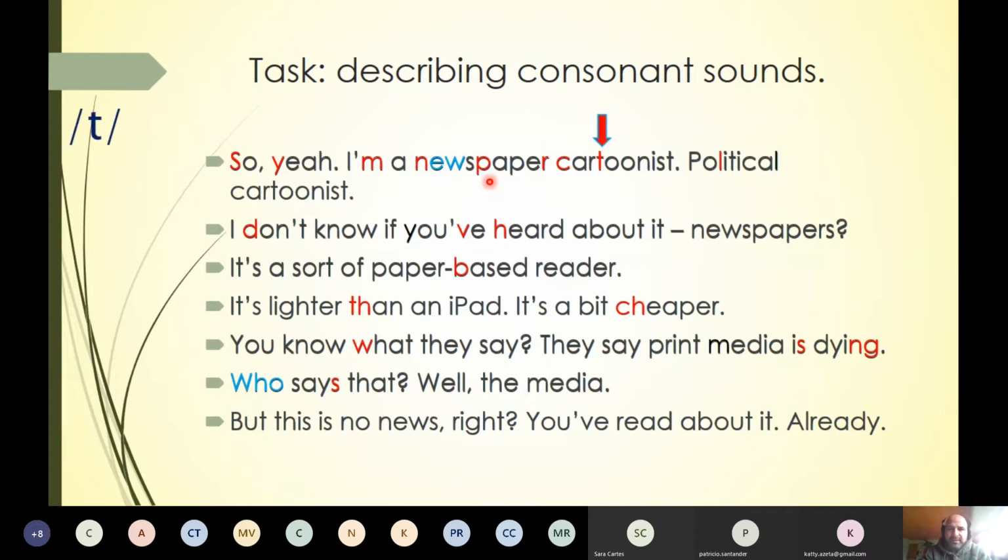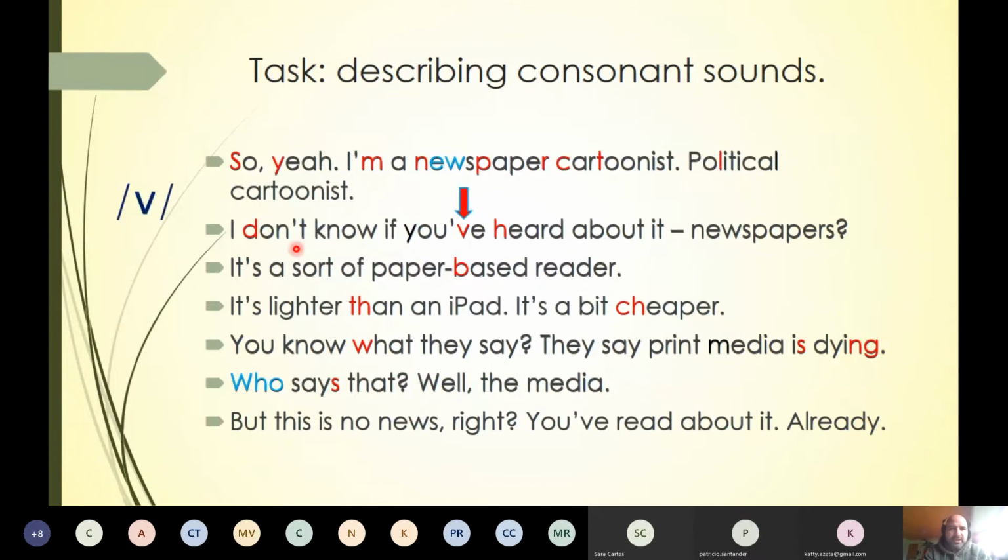Then t, which is also voiceless, alveolar and plosive. In political, l is a voiced alveolar liquid, just like the previous one. And then in I don't know, the word don't, the initial sound d is voiced. It's alveolar and it's plosive, very similar to t.